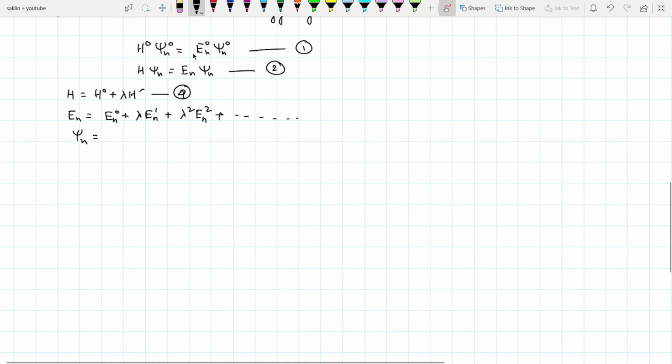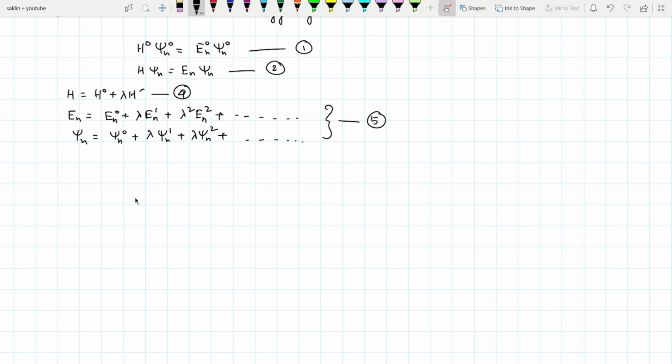Psi n here will be this. Similar to the energy eigenvalue, this is taken as equation 5. Now from equation 2 we can get (H0 plus lambda H dash) acting on psi n.